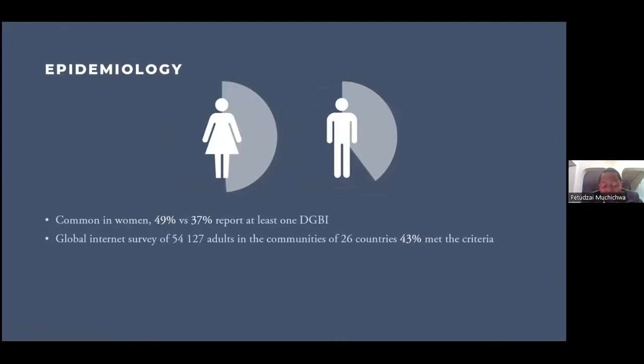In that same global internet survey, which had about 54,000 participants from 26 countries, as I said, about 43% of the respondents met the criteria. Also, in this type of patients, there's an increased risk of both atopic and autoimmune disease.